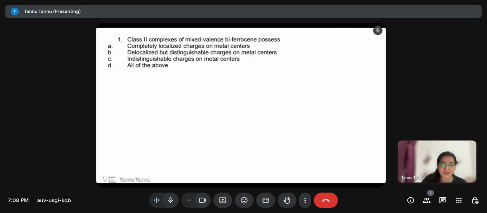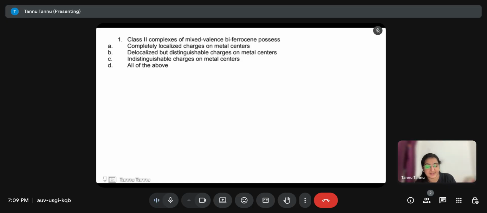The first question is: class 2 complexes of mixed valence biferrocene possess. Option A is completely localized charges on metal centers, B is delocalized but distinguishable charges on metal centers, C is indistinguishable charges on metal centers, and D is all of the above.